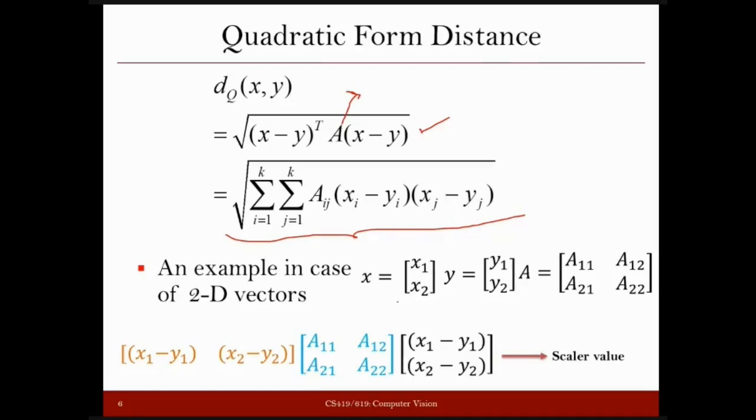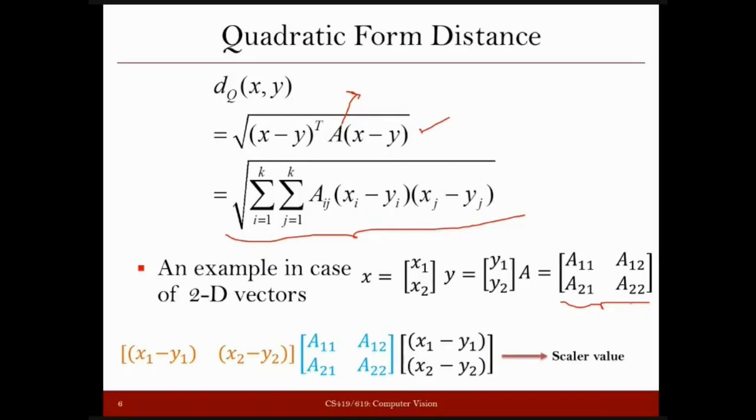Here, let's say we have a 2D case where vector x is represented using x1, x2, vector y is represented using y1, y2, and A is a 2 cross 2 matrix, because these vectors are of 2 dimensions. So matrix A will be k cross k, and k is 2 here.